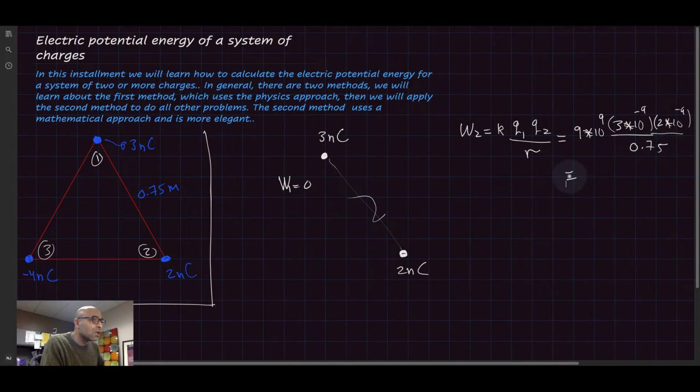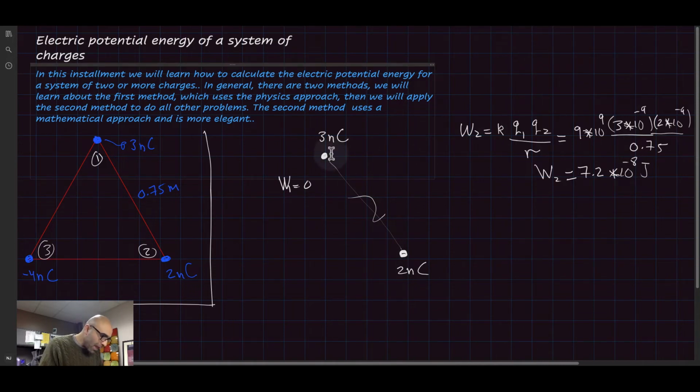And if we do this calculation correctly, we will get for W2 an answer equal to 7.2 times 10 to the minus 8 joules. So that's how much energy we need to bring charge number 2 from infinity within the vicinity of charge number 1.